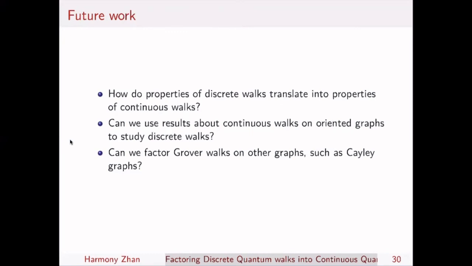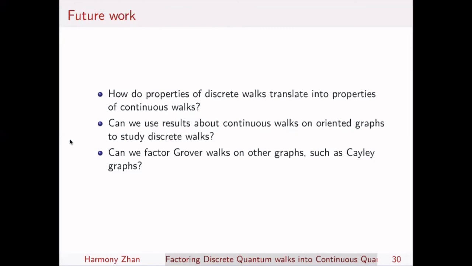So that probably translates into some multiple state transfer of a continuous walk on the oriented graph. And of course, we can also study the relation the other way. I think Tino has a paper on oriented graphs, and Sabrina has a thesis about the same topic showing there's multiple perfect state transfer on oriented graphs. So maybe they will translate into multiple arc state transfer in the discrete walk.